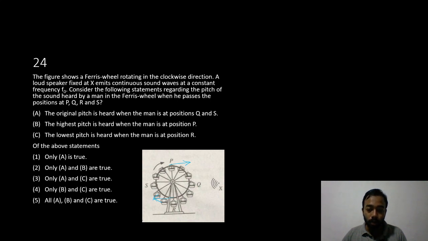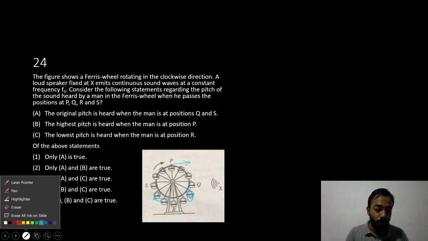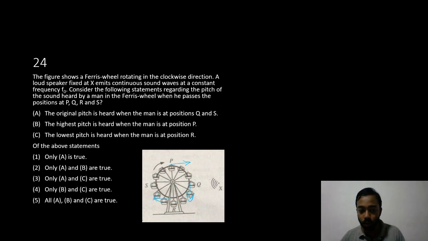But at Q and S, you can see at Q the velocity will be directed downwards. The sound waves are coming like this, the velocity of the sound waves is towards this direction.